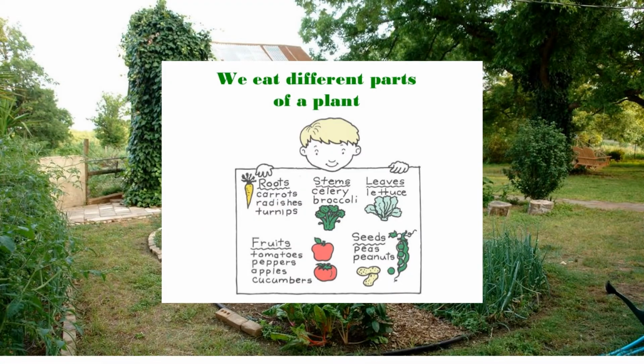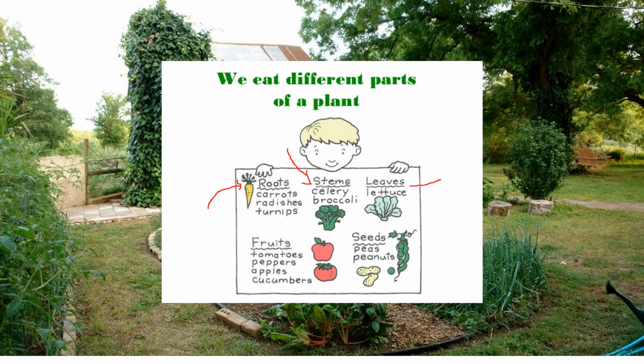We eat different parts of a plant. The first one you can see here are roots. Roots are carrots and radishes and turnips. The second one here are stems like celery and broccoli.